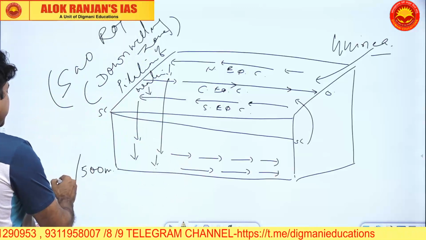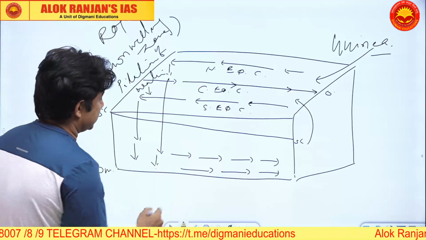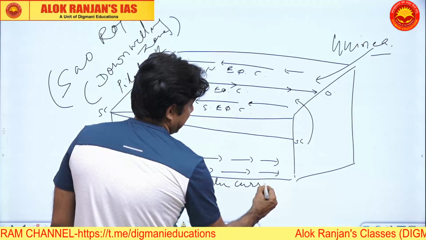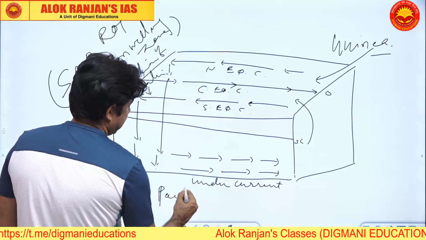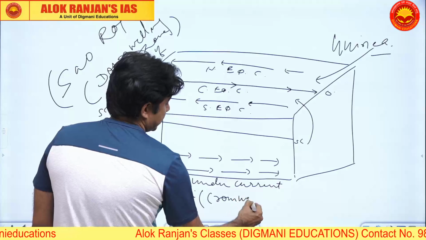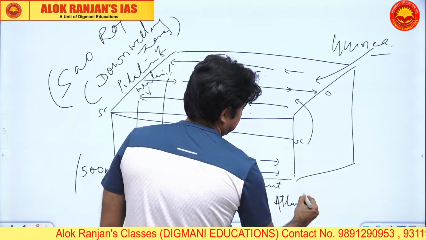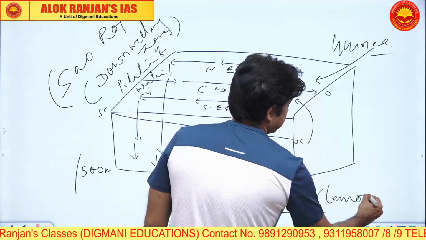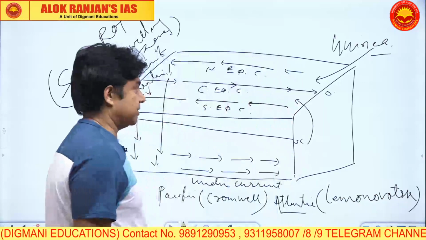600 fathoms is also taken many times, that at 600 fathoms there will be a returning current. Now this is called undercurrent. So this is your undercurrent. Now in Pacific, if this diagram is taken for Pacific, this will be called Cromwell because Cromwell discovered it. And if it is Atlantic, if we are taking the case of Atlantic, it will be called Lomonosov current.